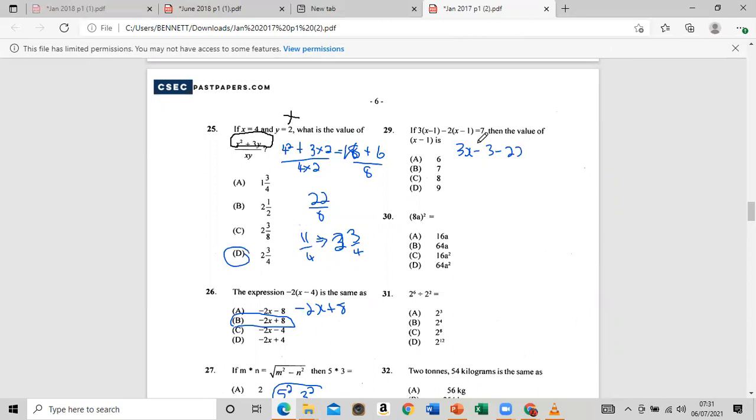And negative times a negative, that's positive 2. And all of this equals 7. So we just solve for x first. So 3x, I've got the like terms now. 3x minus 2x, negative 3 plus that.